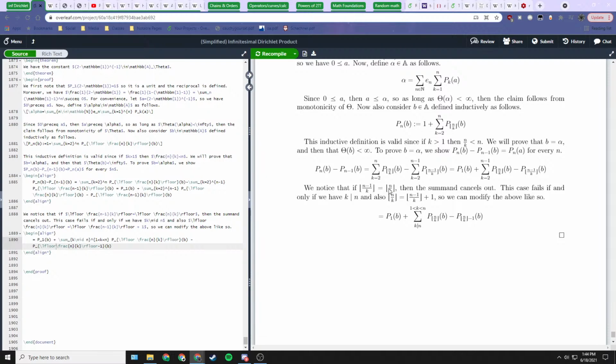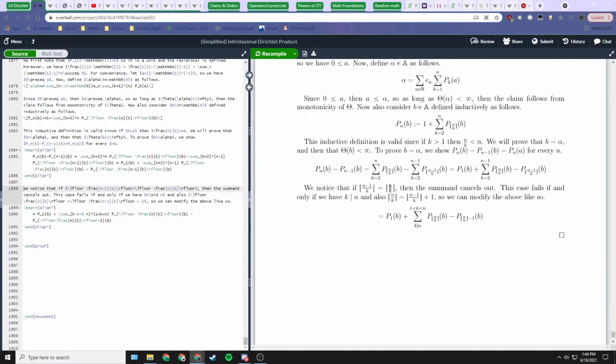But also, if n over k is just barely fitting a certain number of k's in it, we can think of this as Euclidean division. If this Euclidean division works out to be just 1 larger than the one before it, then it must be the case that n is a multiple of k.